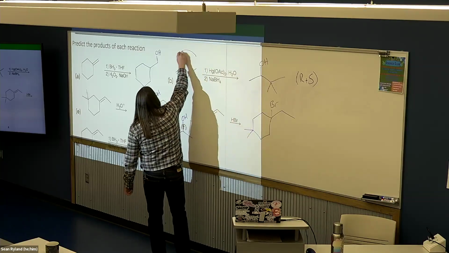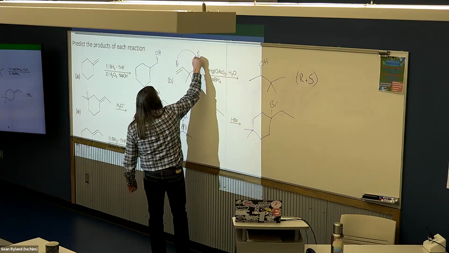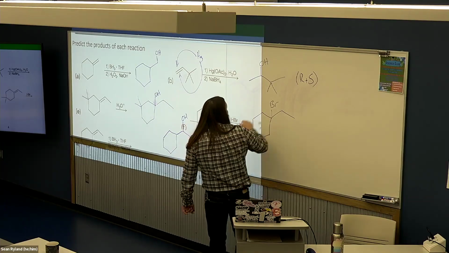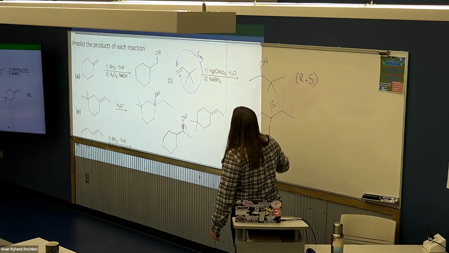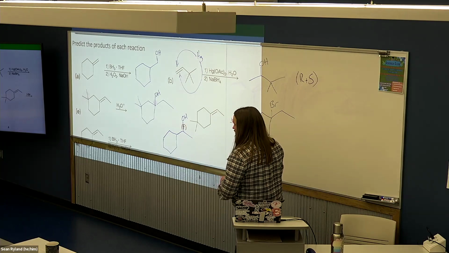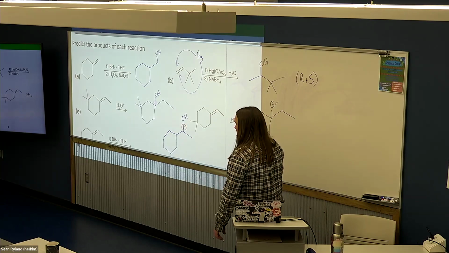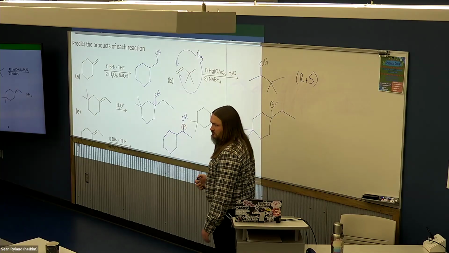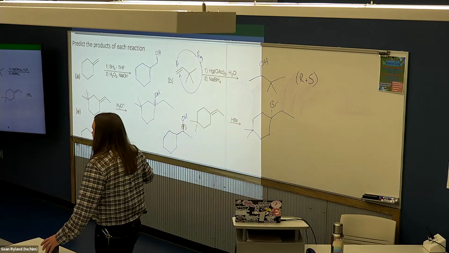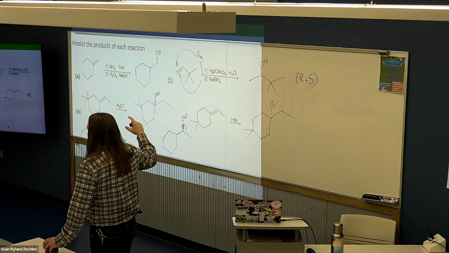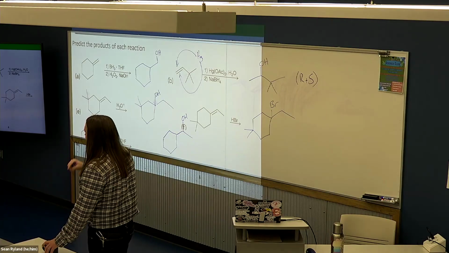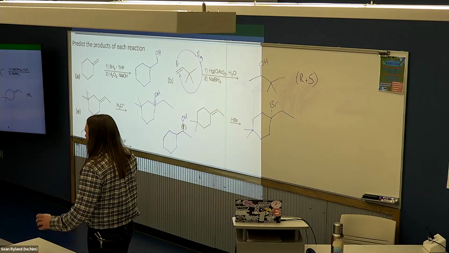That mercury can get attached on top or it can get attached on bottom. So we're going to make, within sig figs, probably equal amounts of R and S, unless there's something else going on. Next quarter, we'll find that there actually is a way to do certain addition reactions and favor one enantiomer over the other, but we're not there yet.